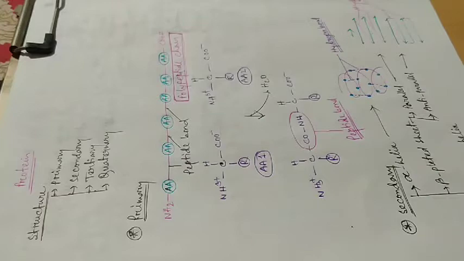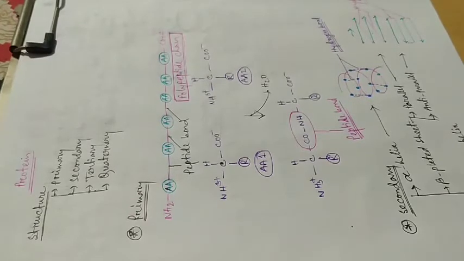Okay. Then collagen helix. In collagen helix, there are three strands, or three polypeptide chains, coiled around one another.